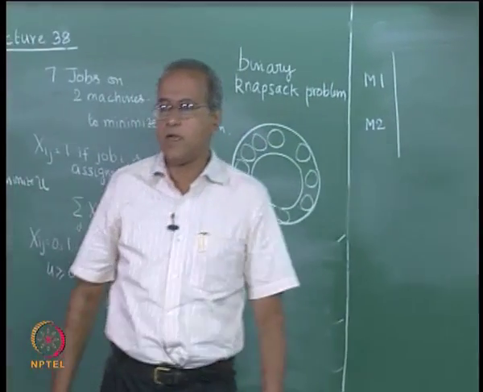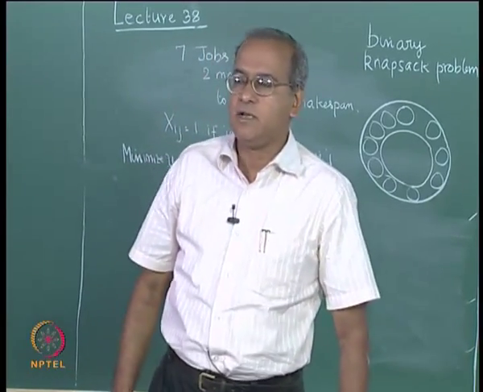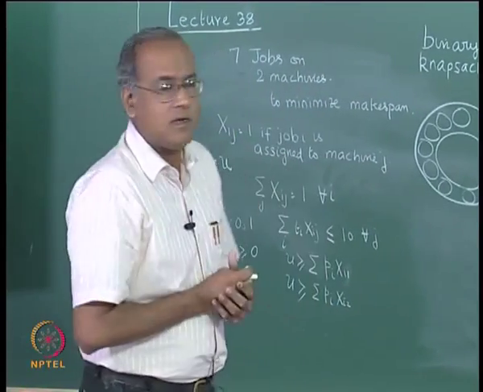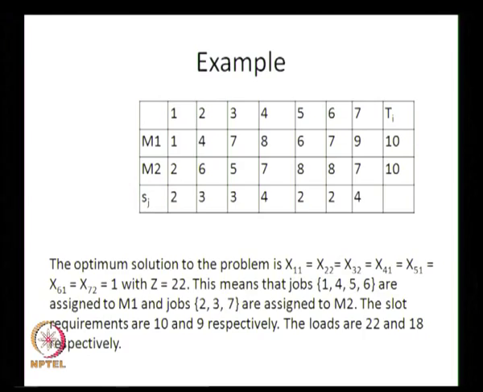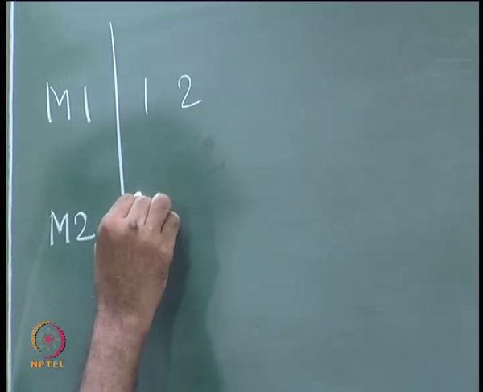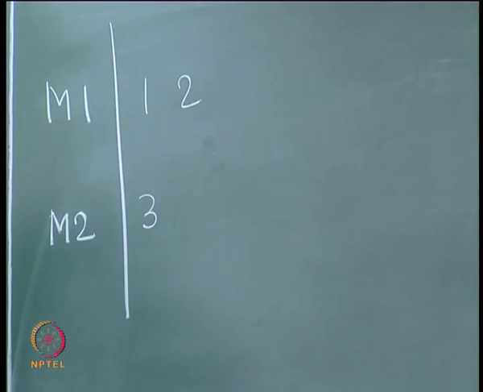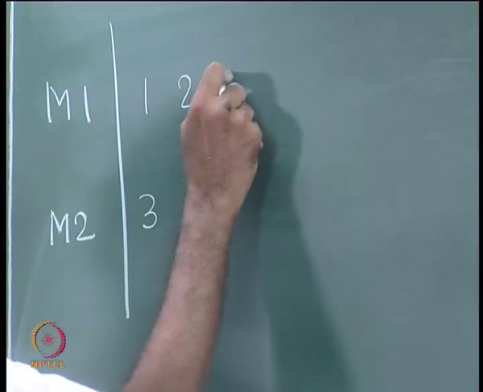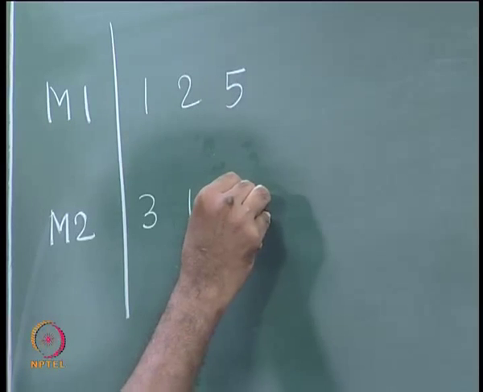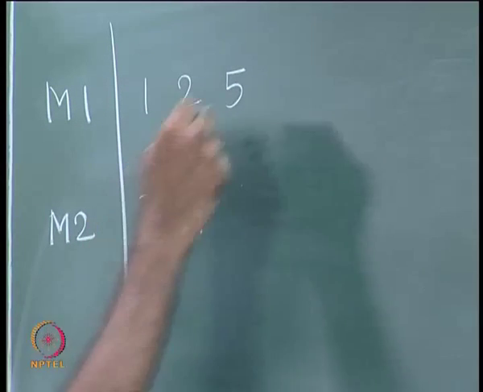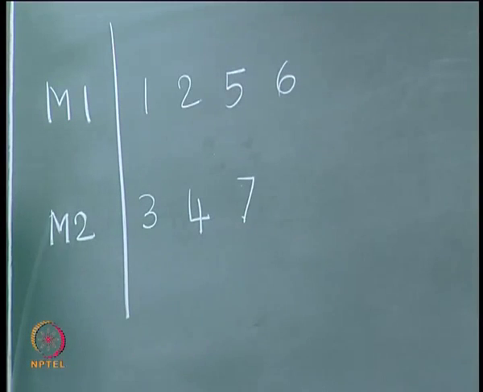Take each job and allocate it to the machine which has the least processing time. So, job 1 will go to M1, job 2 will also go to M1, job 3 will go to M2, job 4 will go to M2, job 5 will go to M1, job 6 will go to M2, job 6 will go to M1, and job 7 will go to M2.